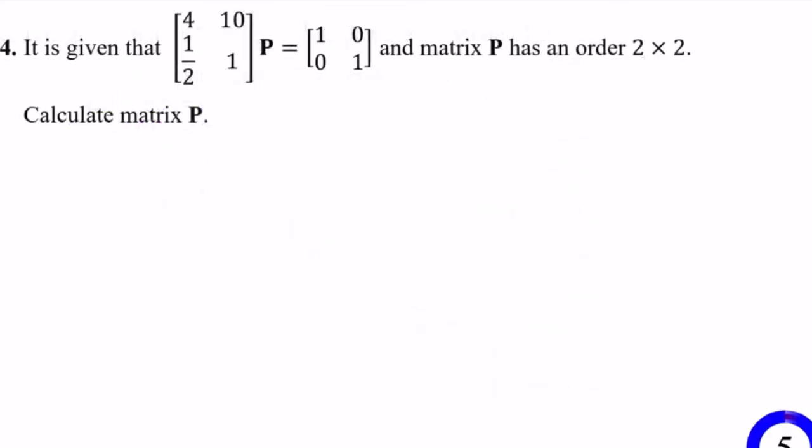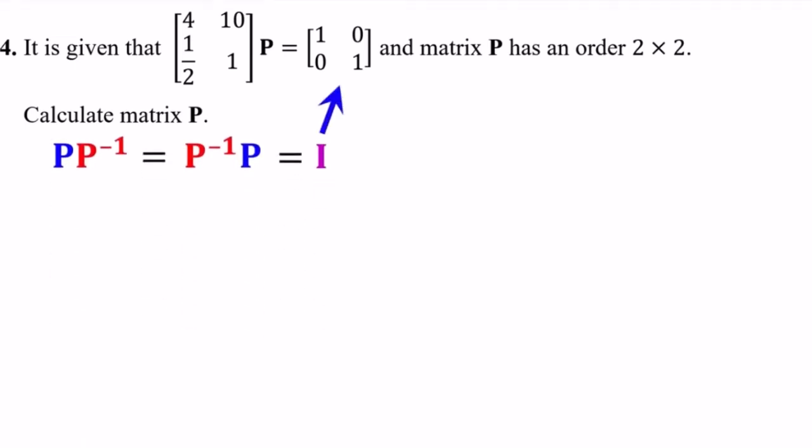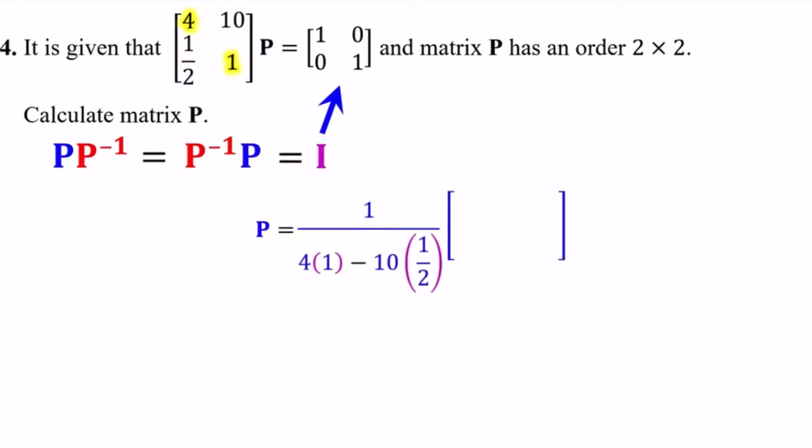The inverse was given. For question number 4, we are given two matrices multiplied by each other equal to the identity matrix. That means the P will be the inverse of the matrix 4, 10, 1 over 2, and 1. So let's find the inverse matrix from the 4, 10, 1 over 2, 1. So it's 4 times 1 minus 10 times half.